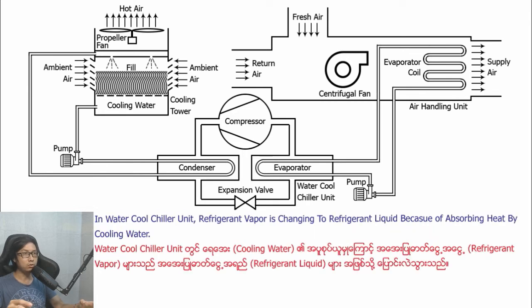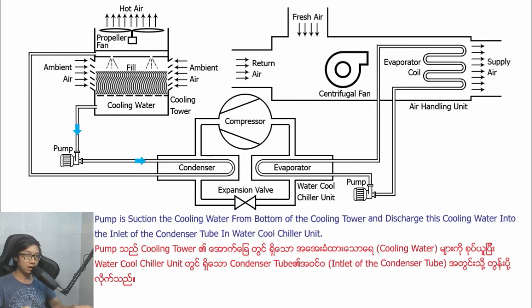In the water-cooled chiller unit, refrigerant vapor changes to refrigerant liquid because of heat absorbed by the cooling water. A pump suctions the cooling water from the bottom of the cooling tower and discharges this cooling water into the inlet of the condenser tube in the water-cooled chiller unit.